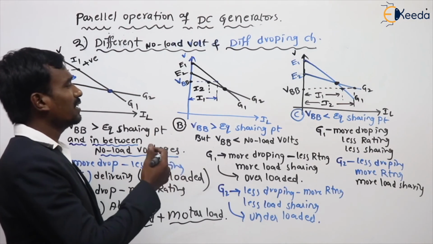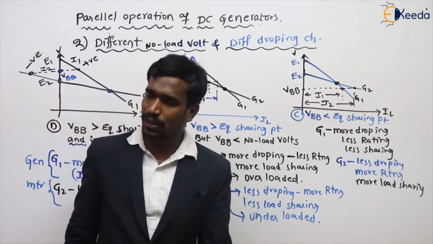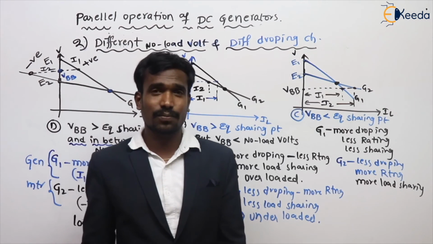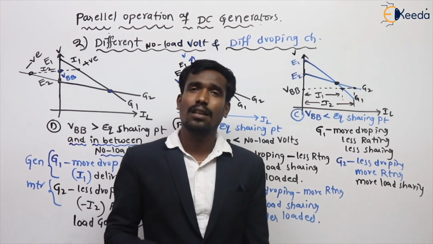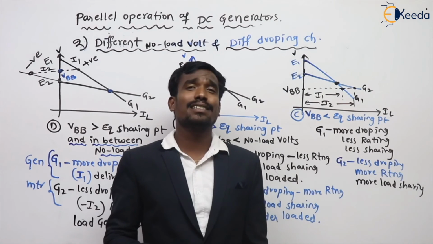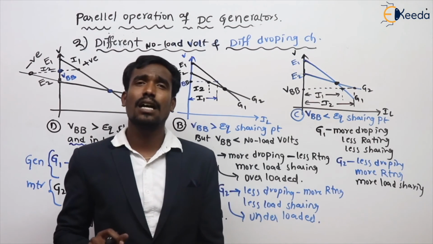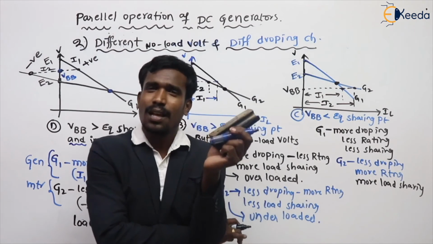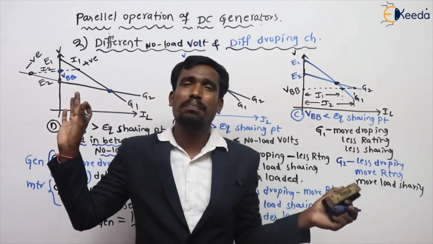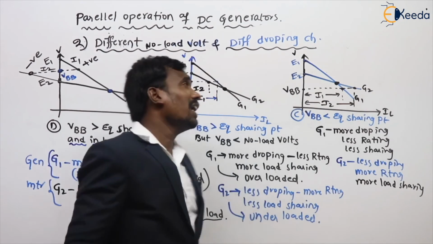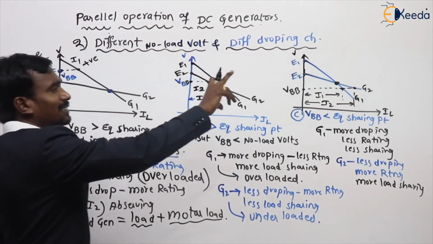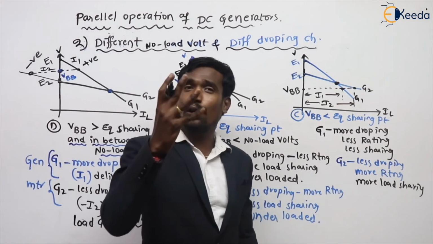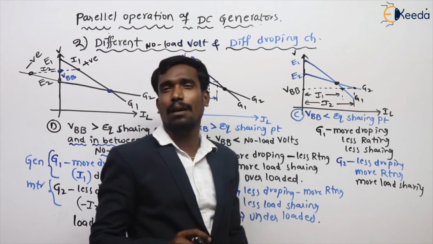These are the different conditions in parallel operation of DC generators. In the first case, same no load voltages, different drooping characteristics, and the bus bar voltage less than the equi-sharing point. This is perfect parallel operation. If the no load voltages are not the same, we can operate in four different modes in parallel operation.